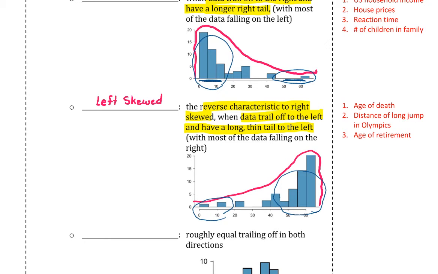Most people competing in the long jump in the Olympics are going to be able to jump pretty far. However, there are some people that will not be able to jump that far. There'll be a lower frequency. The same could be said about your age of retirement. Most people will retire at this higher age, and there are some people, less frequently, that will retire at a younger age.